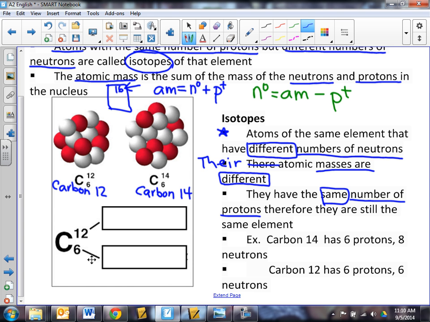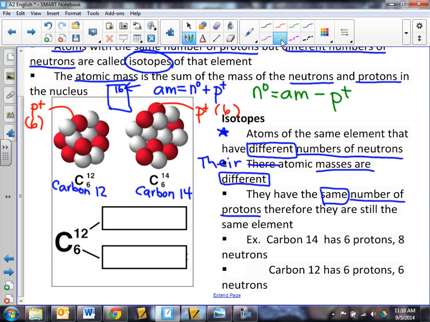If we were to count the little dots, and the dots are supposed to represent protons and neutrons, the red dots are representing protons. And you'll see that in both of them, there are 6 red dots. So that means in the nucleus of both of those atoms, both of those isotopes, there are 6 protons. That is the same.